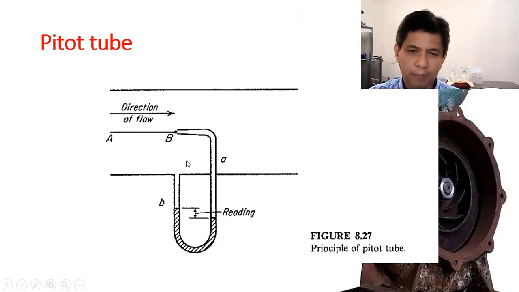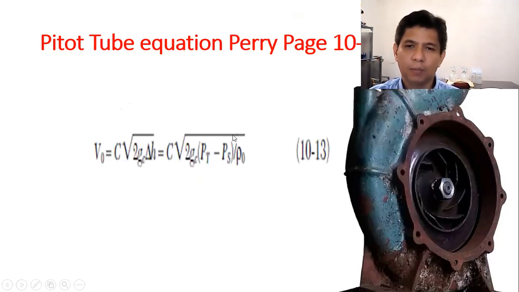So basically, the pressure in the middle of the pipe is generally greater than the pressure at the wall of the pipe. So meron tayo ditong height reading, no? So the equation of the Pitot tube, you can find this on the handbook, page 10-11, is this one.